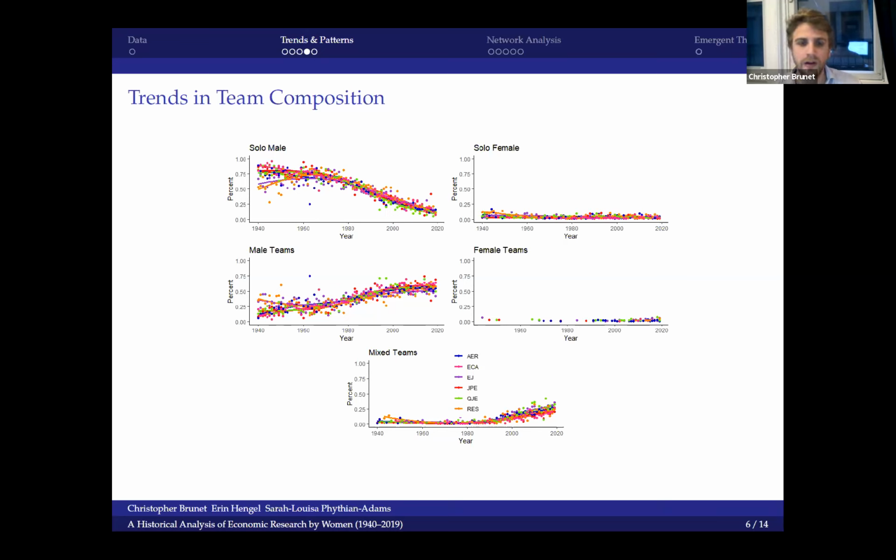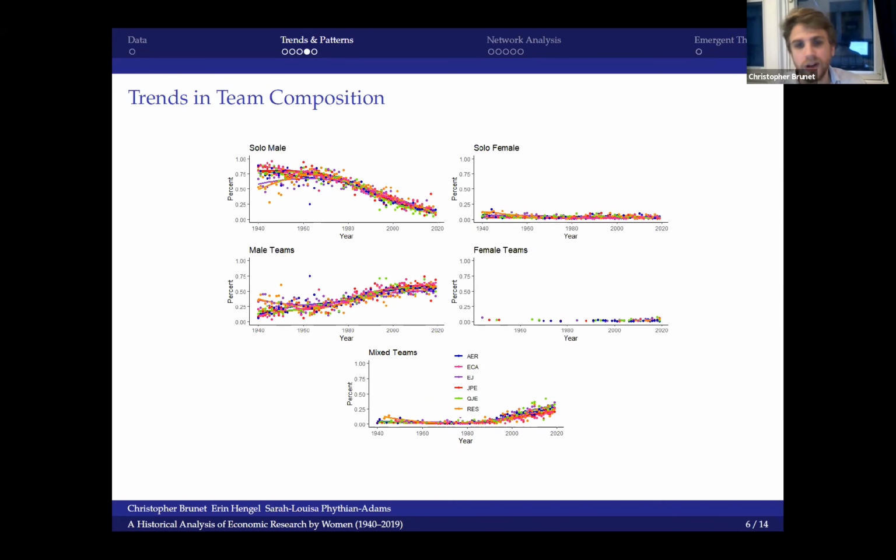So female co-authorship teams as opposed to male co-authorship teams. And the mixed teams, the one at the very bottom right here, this is showing that solo females has been flat, female teams have been more or less non-existent, and so the way women have been publishing in the top 5 journals is by co-authoring with teams that include a male.